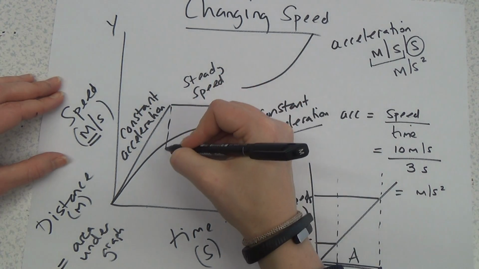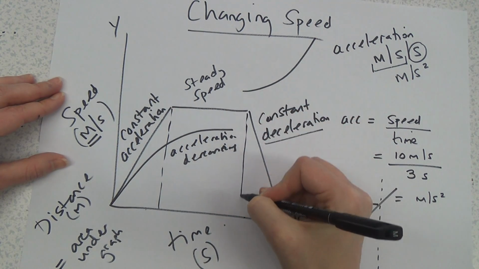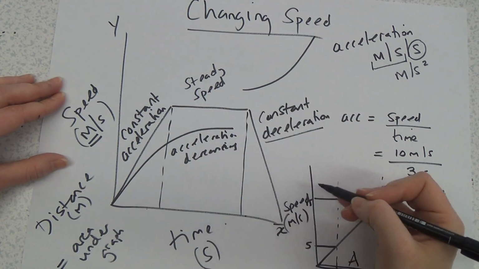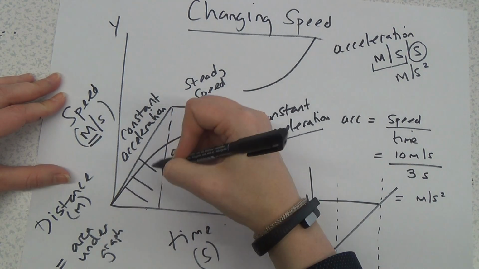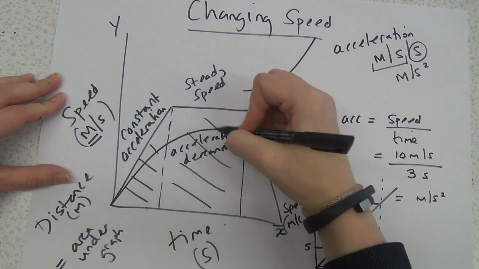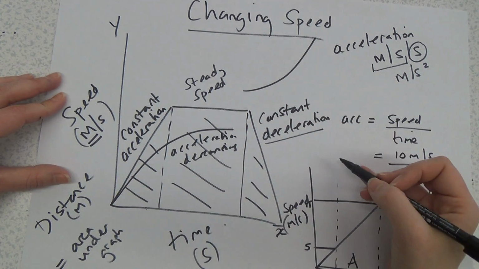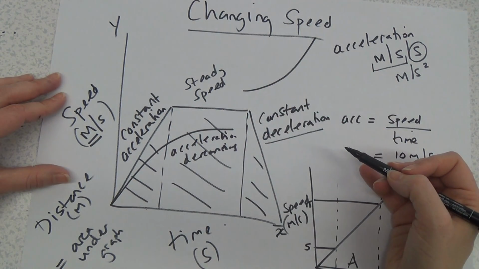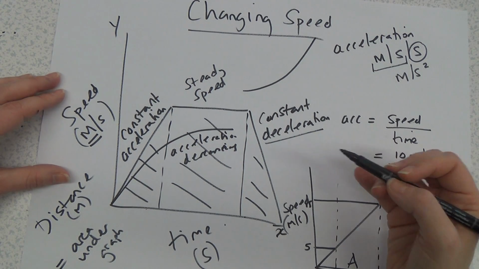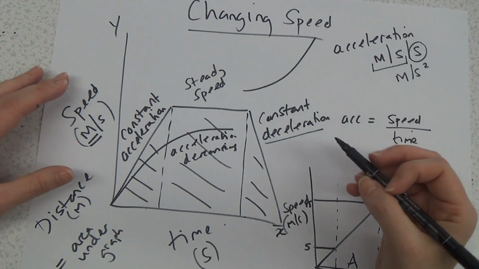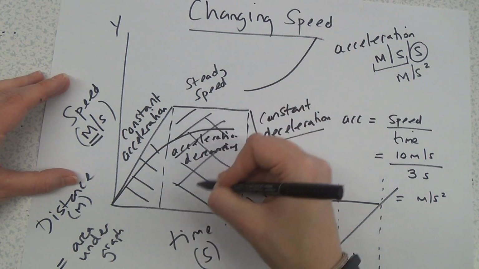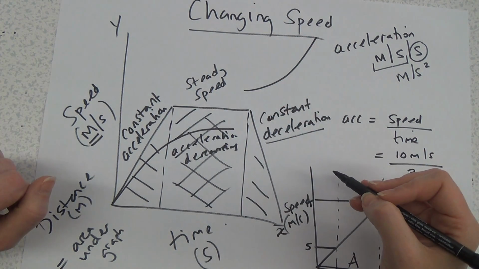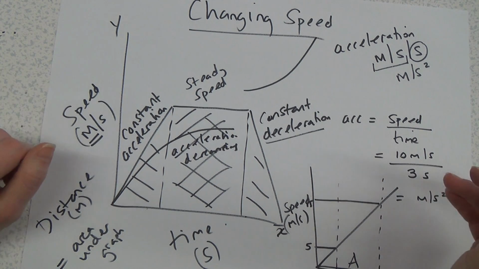Break it into sections, triangles and rectangles in this particular case, and then work out the area for each section. If it's asking for the total distance, you'd need to know the total area under the graph. If it's asking for the distance travelled at steady speed, you would only work out the area underneath that specific section of the graph. You wouldn't work out anything else.